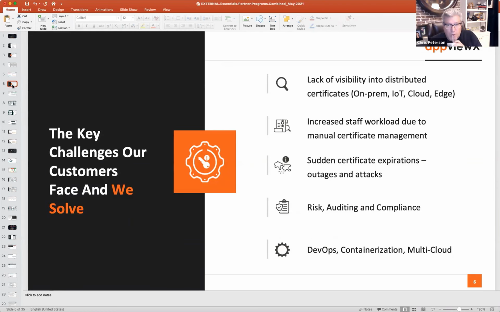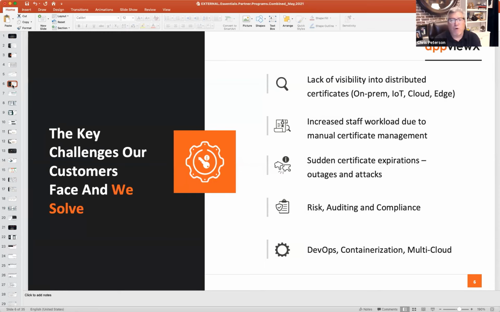So a quick primer on the key challenges our customers are facing and how we solve them. The first one is really a lack of visibility into distributed certificates and devices, whether they be on-prem, IoT devices, devices in the cloud, or edge devices.